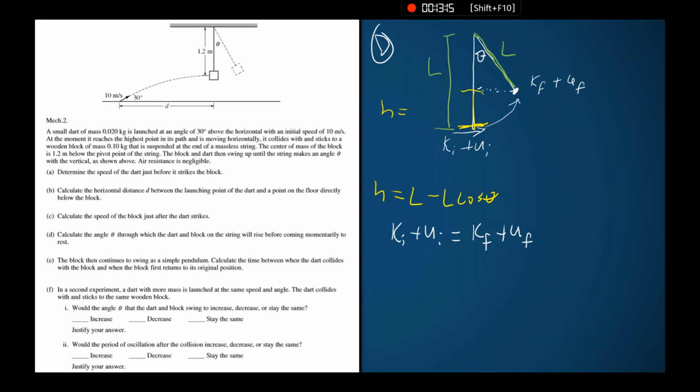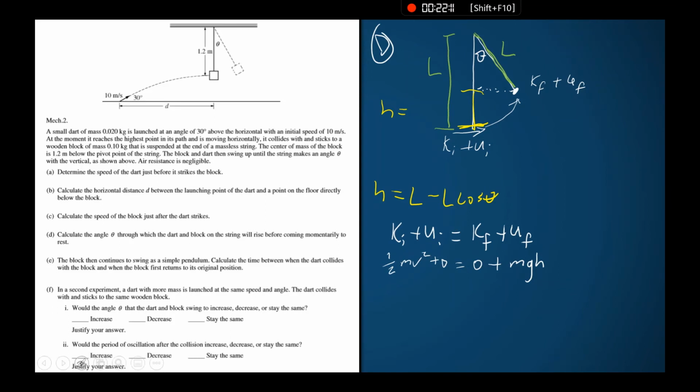We started out with only kinetic energy, so what would our kinetic energy be? And then what's my potential energy at the end? Okay, you're right. All right, so we've got 1/2 mv squared and mgh.